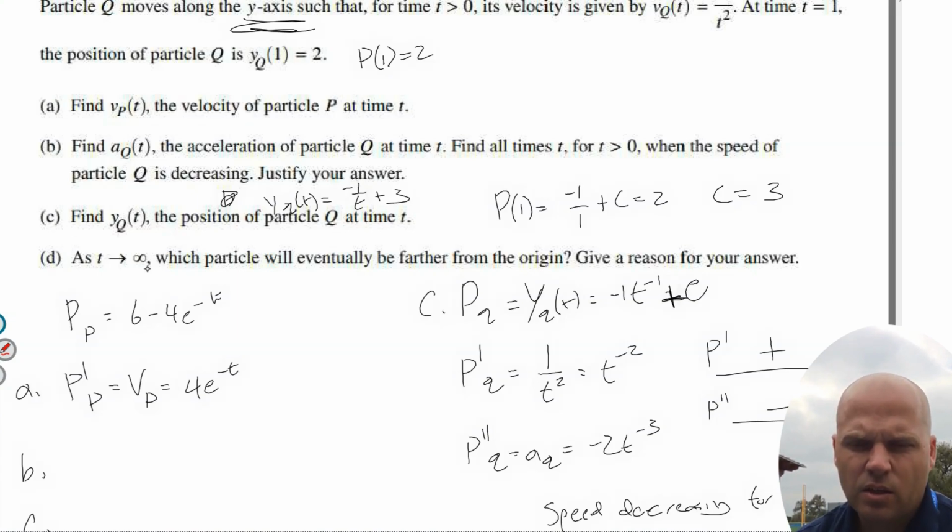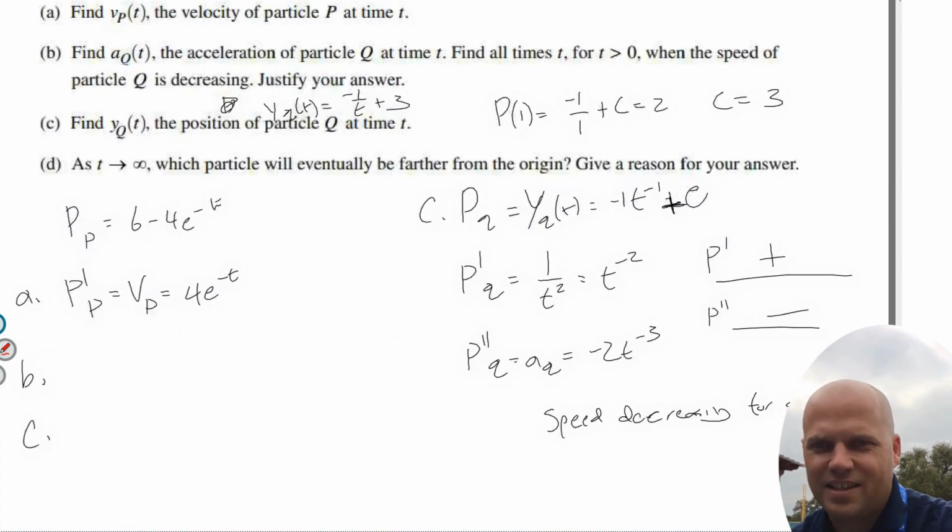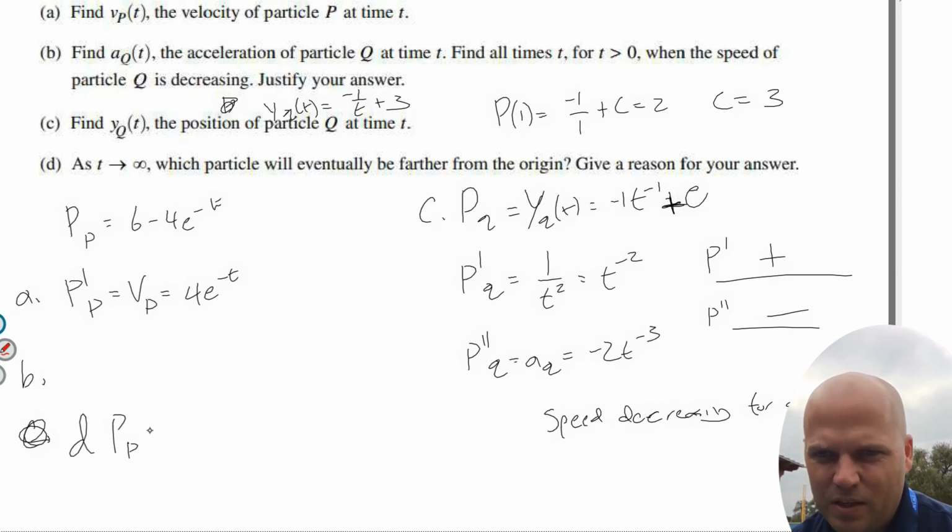As t goes to infinity, which particle will eventually be farther away from the origin? You guys get intimidated by this stuff, and it's not bad. Particle P is this.